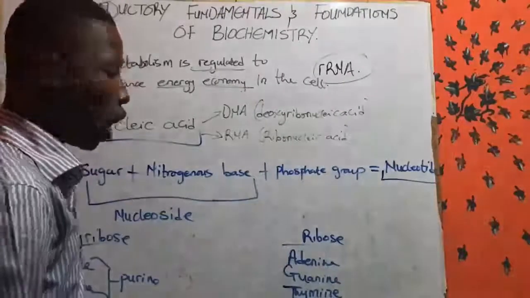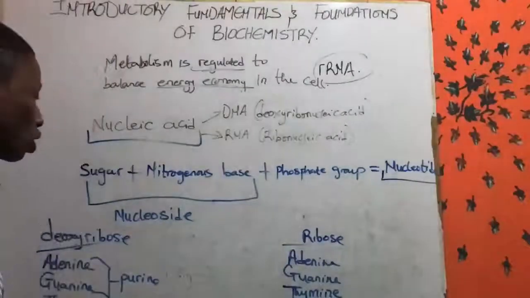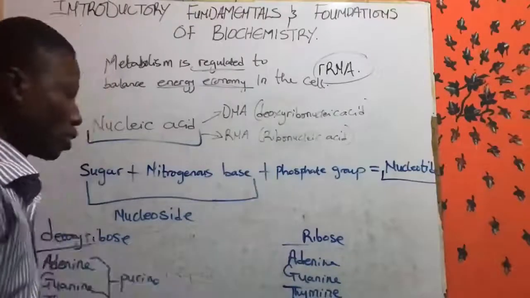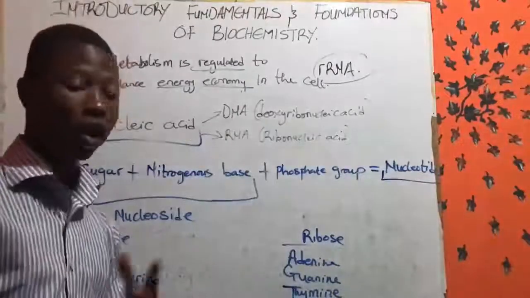The difference is that in your RNA, thymine will not be seen. What you'll be seeing is uracil, okay, because of that.